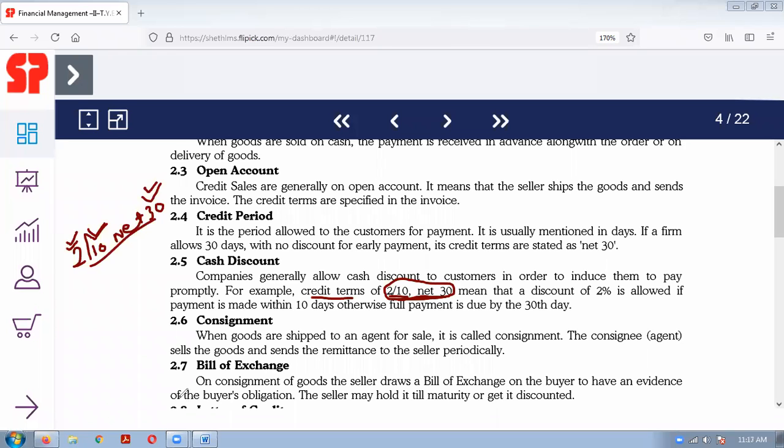Understood? So suppose, everybody tell me, what will be this 3 by 10 net 40 means? How will you read this?